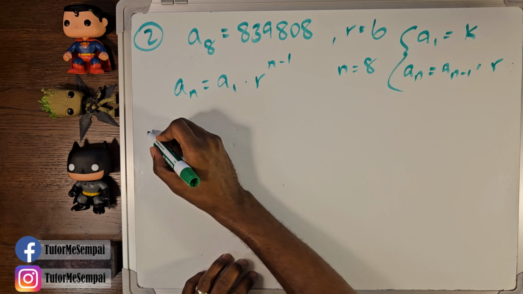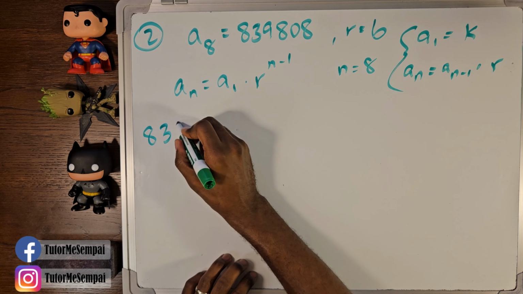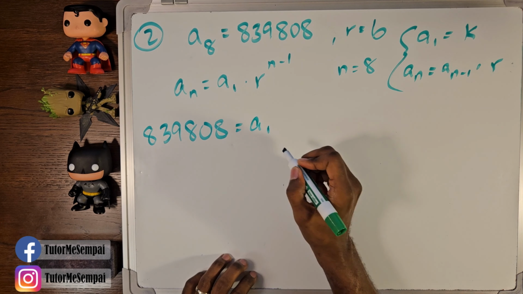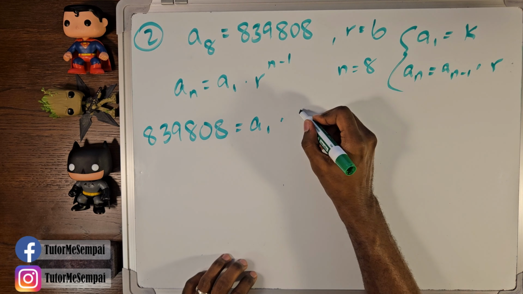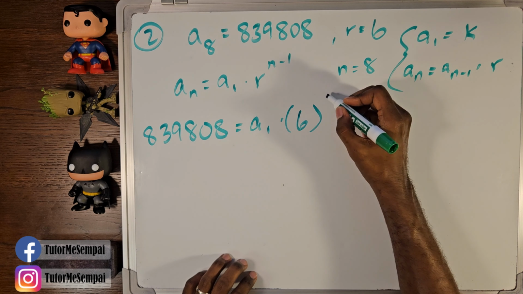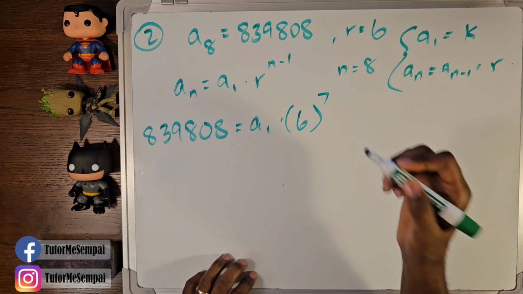So we know that we can write this as 839,808 equals a sub 1 times 6 to the, put that in parentheses just for practice sake, 8 minus 1, 7th power.